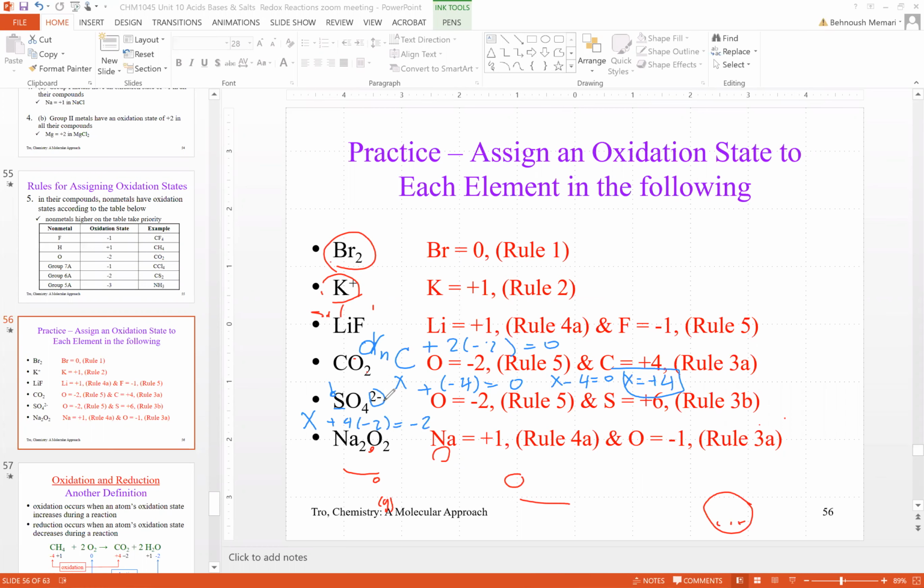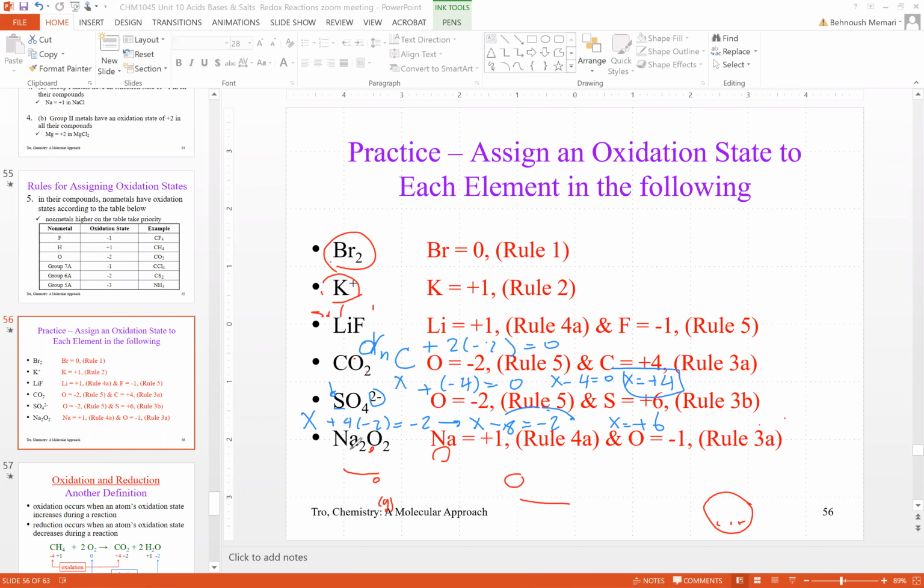That's the charge of the ion. This was rule number 5. So X minus 8 equals -2. You bring the -8 to the other side of the equation, and it's going to be +8. -2 plus 8 is going to be +6. So you set up this equation.